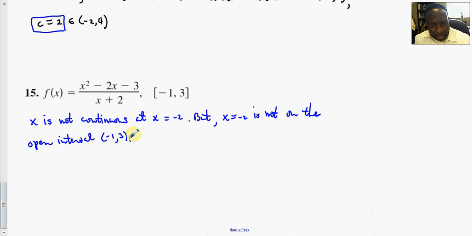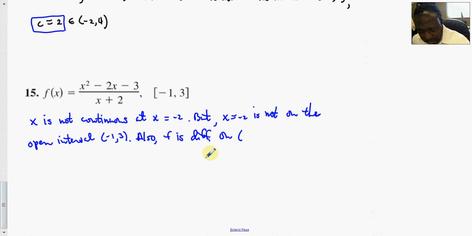F is differentiable on the interval. So also F is differentiable here. Differentiability is on the open interval.